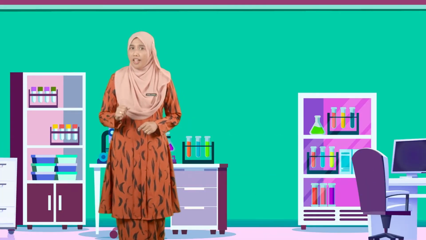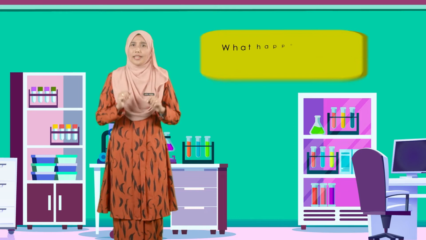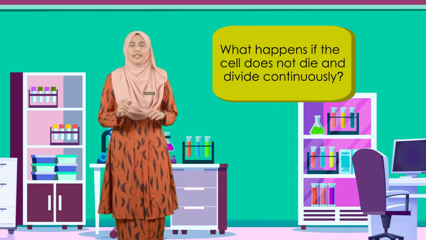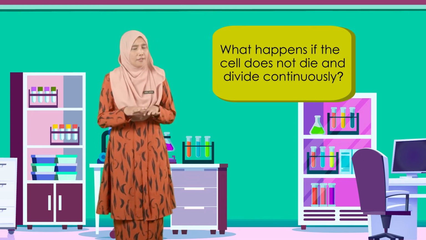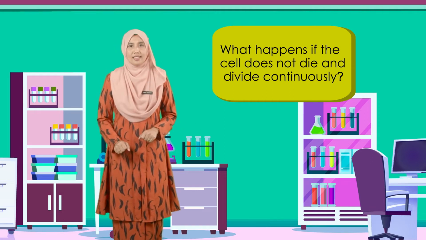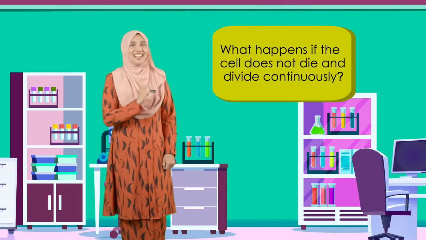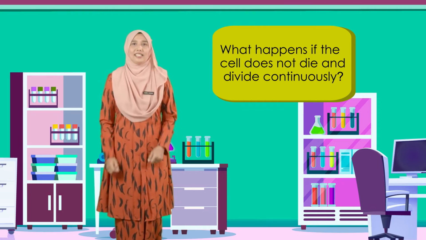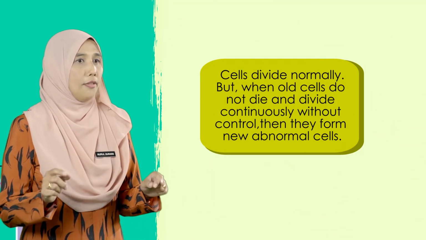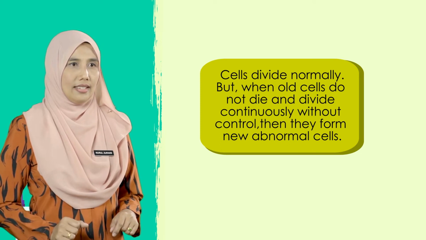Pupils, do you have any idea what happens if the cell does not die and divide continuously? Let's find the answer together. In control conditions, cells divide normally.